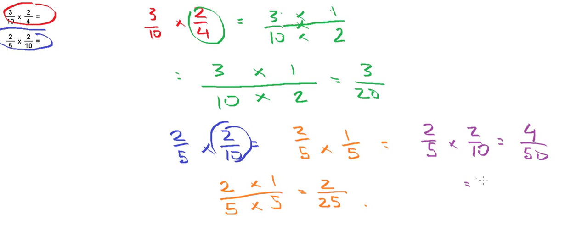Now I know I can simplify that. 2 is a factor in both these numbers. So divide that by 2, divide that by 2. So I can simplify this fraction. So that's 4 divided by 2 is 2, 50 divided by 2 is 25. So I'll put it in its simplest form.